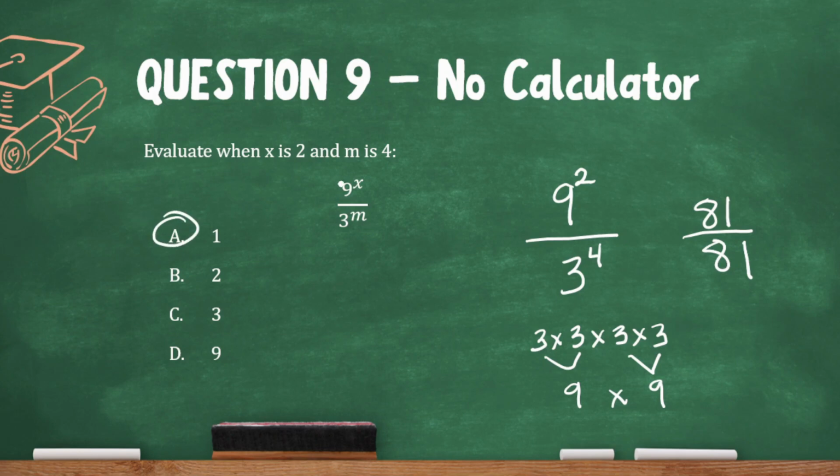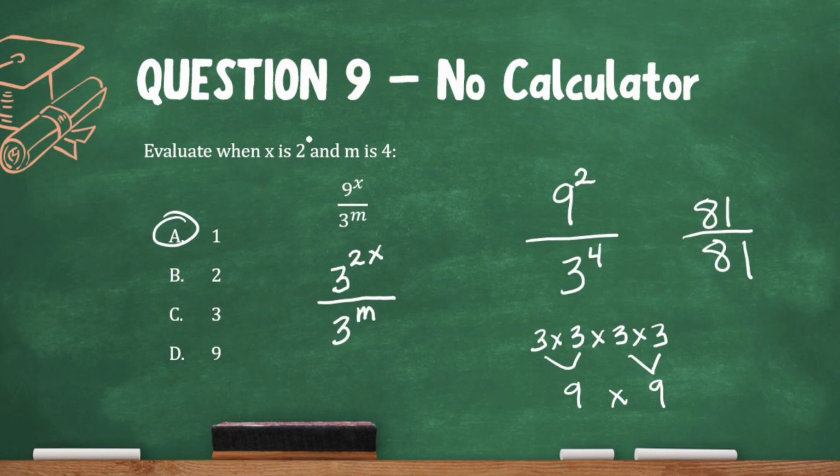Now another way I could have done this, before I even started, I could have noticed that these had different bases. And I know that 9 is 3 squared, so I could just change the top to have the base of 3 and then have that squared there, which would be multiplied by that x. And that would be over 3 to the m.